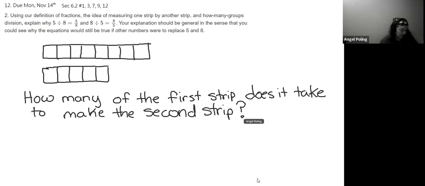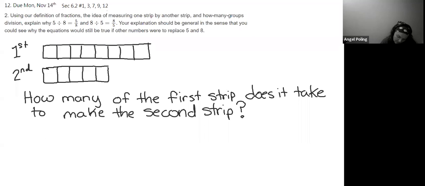Where these are the strips of paper, right? And let me label this first and second for myself. The other direction's easier because the smaller amount will be on the first, but they asked us about the 5 divided by 8 first, so we'll do this one first.